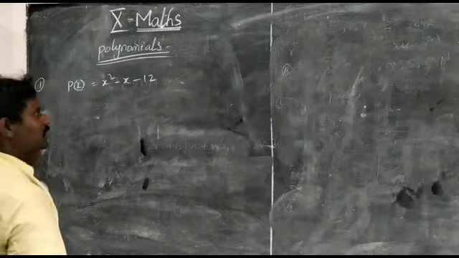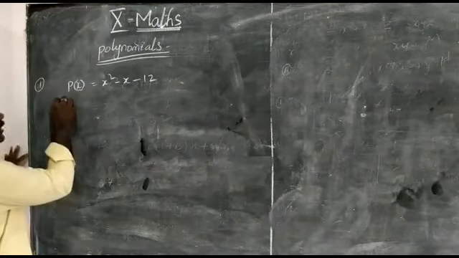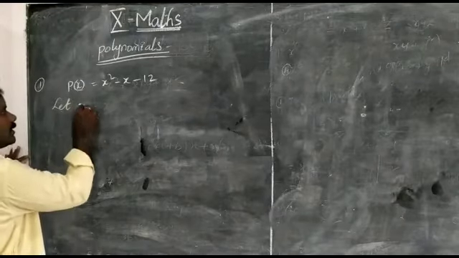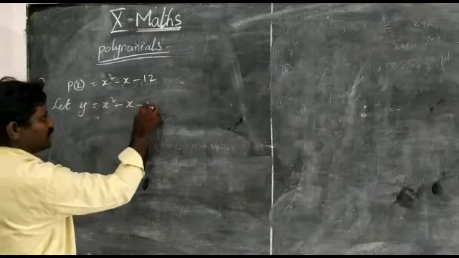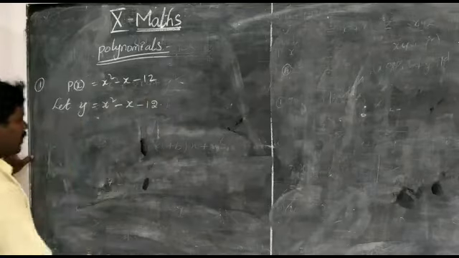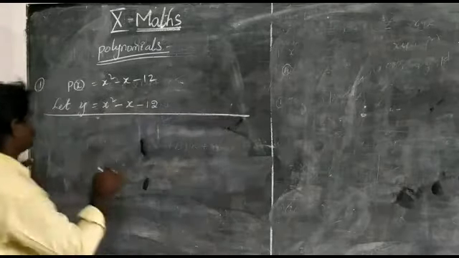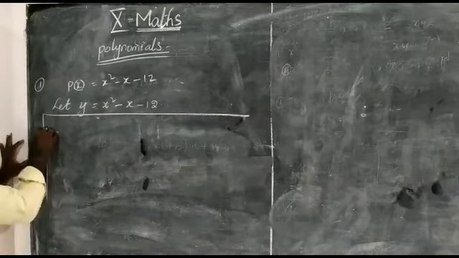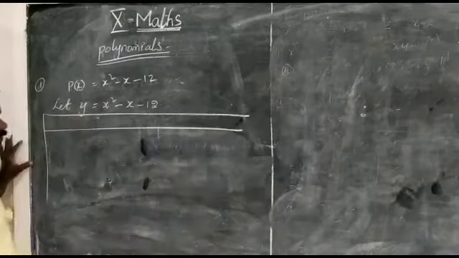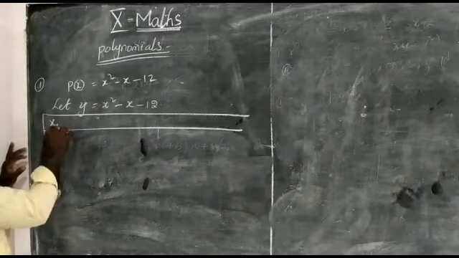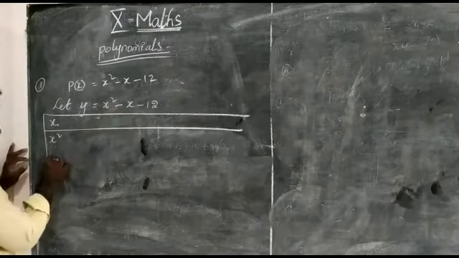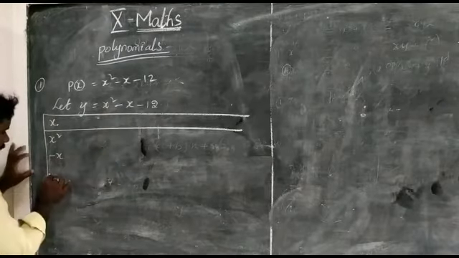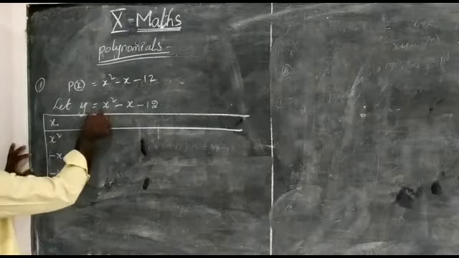Now first, given P of x, let me take y is equal to x square minus x minus 12. Now I will take a tabular form. First the x values, then x square, minus x, and minus 12, and the total value is y.